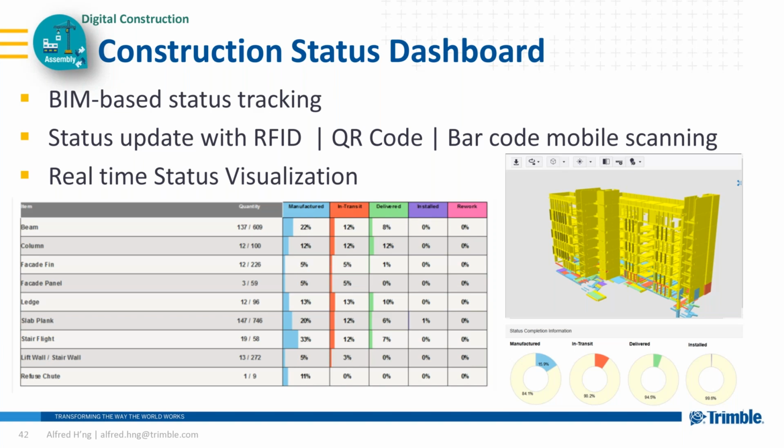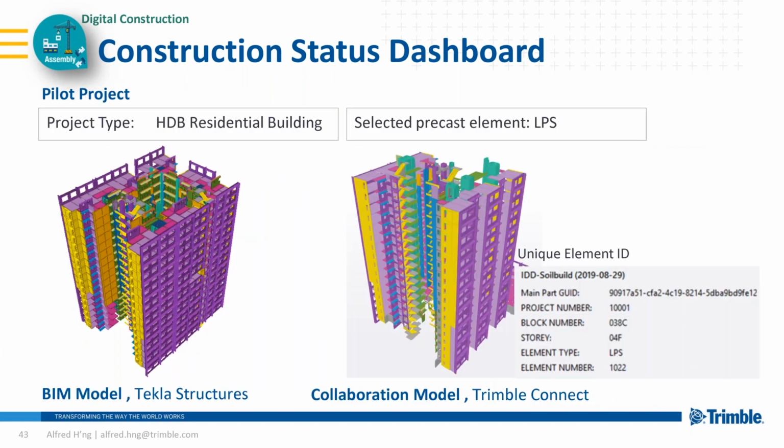Moving on, this is the pilot project that was used to test the status dashboard. It is an HDB residential building, and the selected precast element to track is LPS. The project was fully detailed in Tekla Structures.